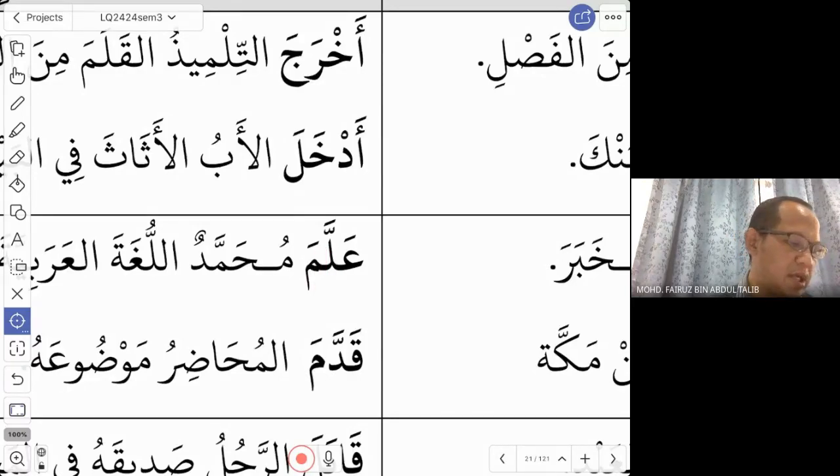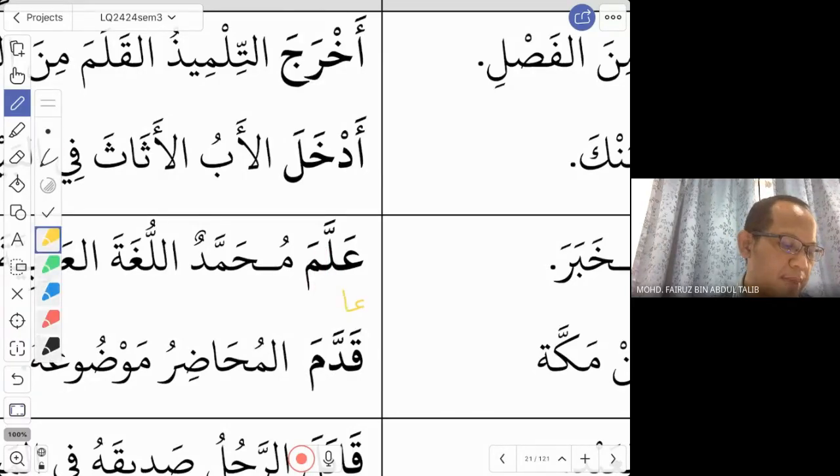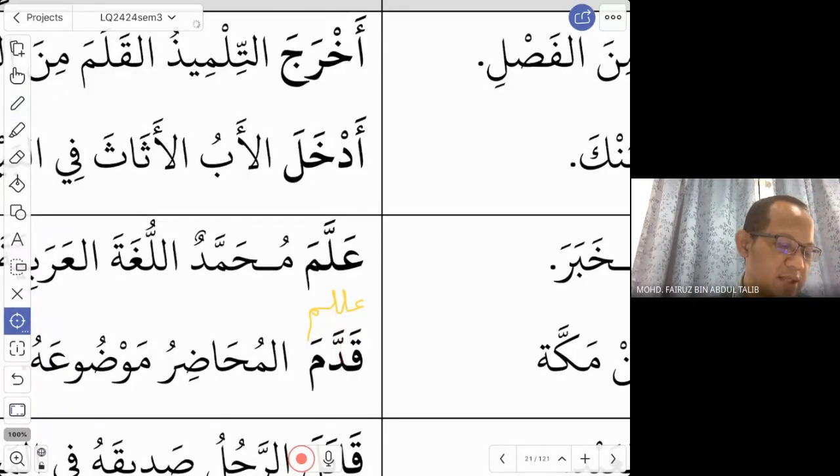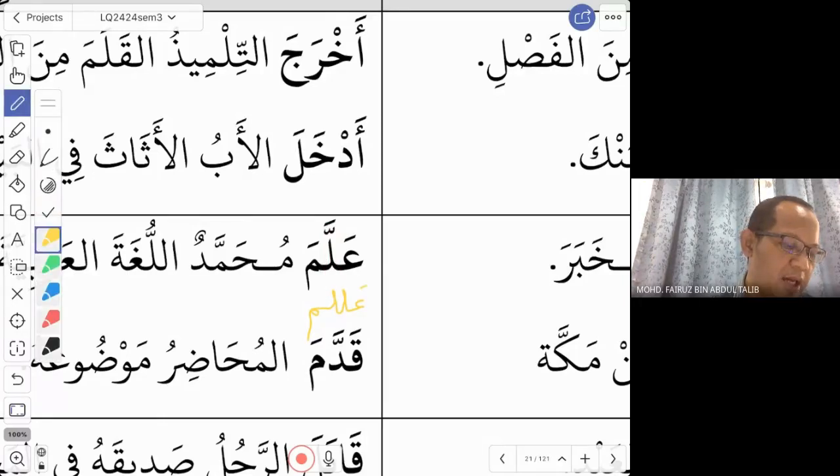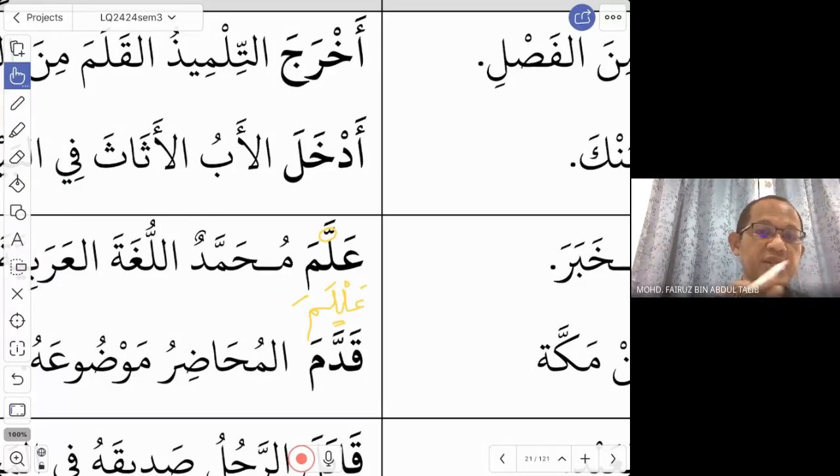This is actually ain, lam, lam, and also mim. So these two lam, because they are the same letter, lam and lam, they combine these two. Therefore you have this shadda. So instead of writing alama, we combine this lam to this form. So you add the shadda, or we call it tad'if. Tad'if means you double the letter.